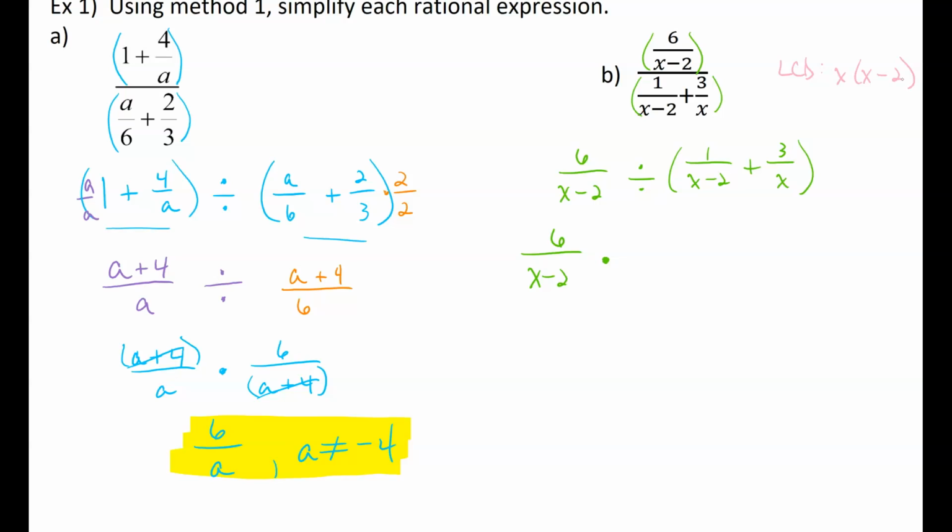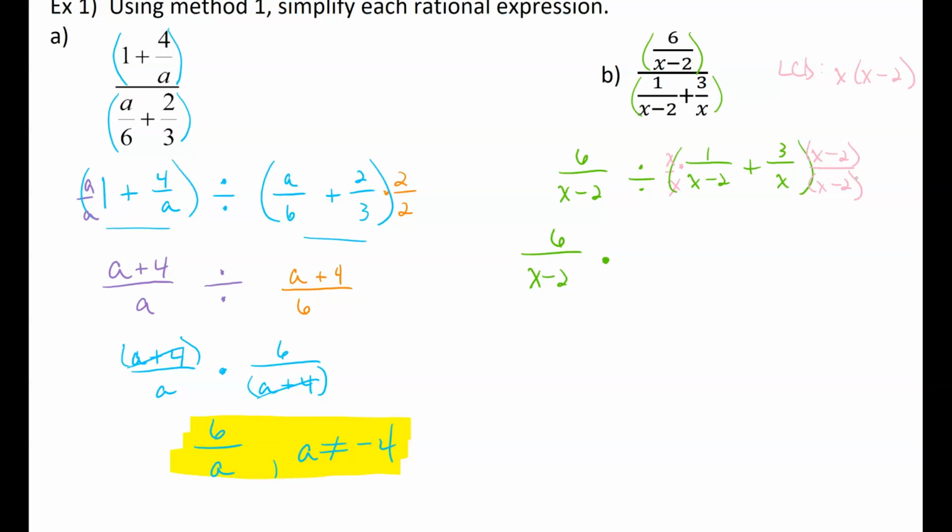Okay, so in the first term here, I have 1 over x minus 2. I am missing the x only, so I'll multiply the numerator and the denominator by x. And the second term, I have the x already. I'm missing x minus 2, so I will multiply the numerator and the denominator by x minus 2.